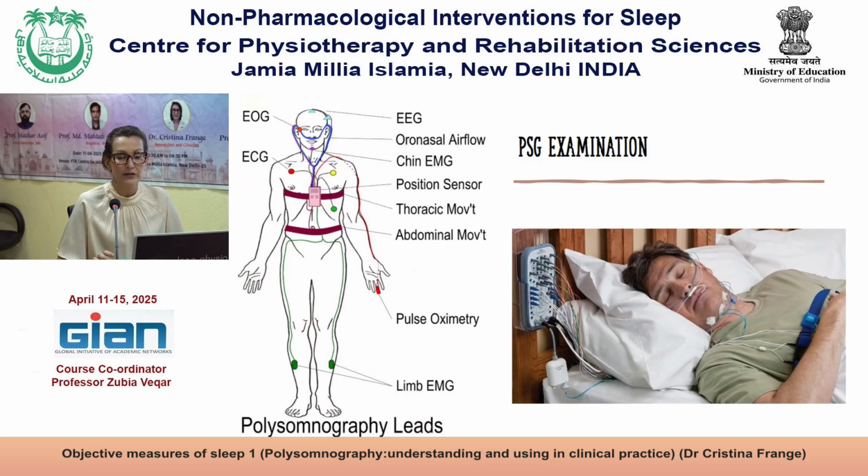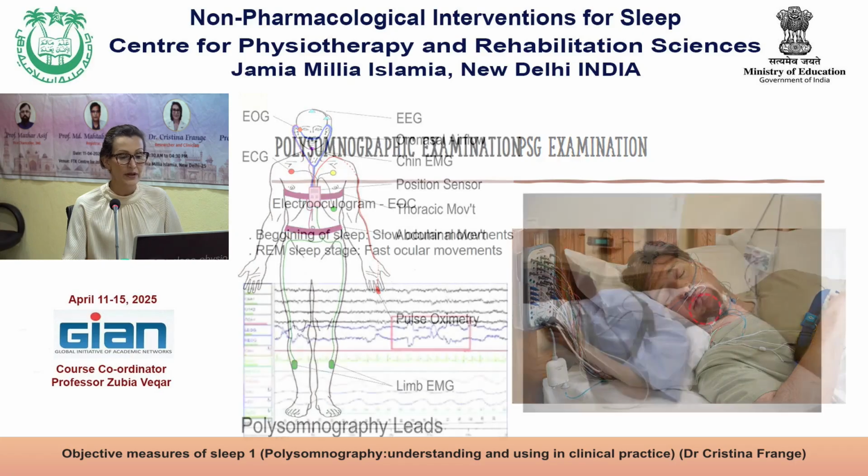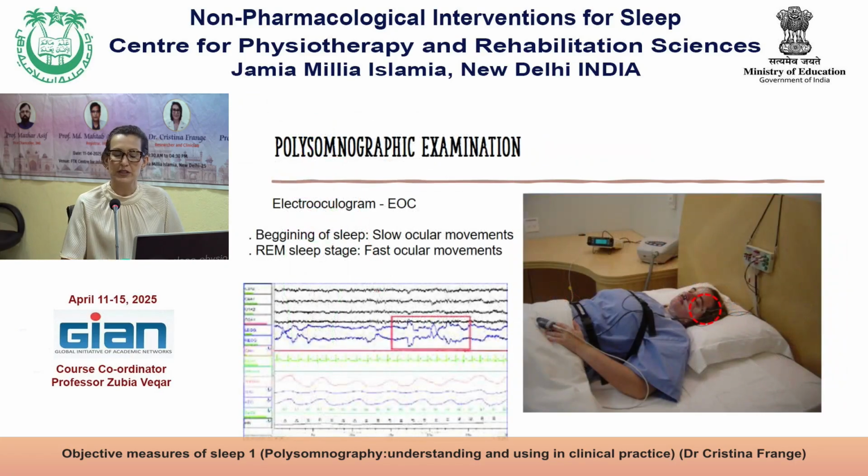So now I'm going to show you in this patient that we had at the sleep lab how each one of them is positioned. Very quickly. Here we have the position of electrodes on both sides of the eyes.